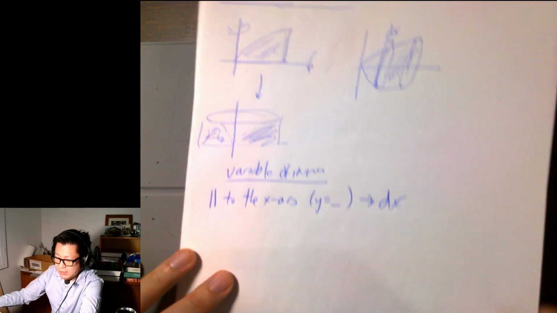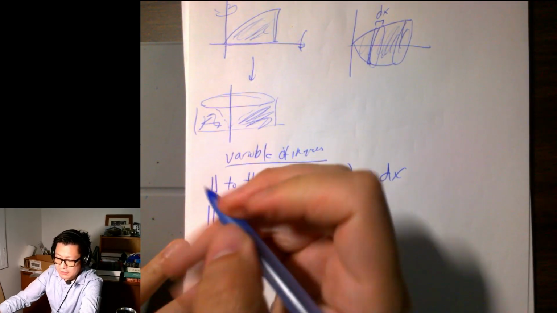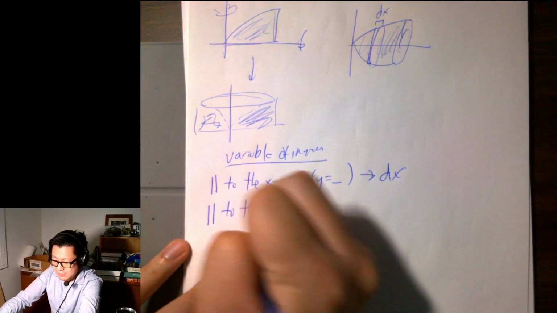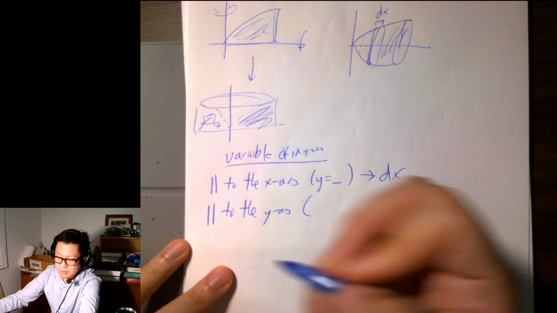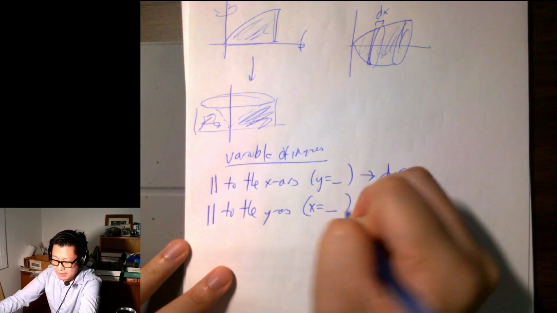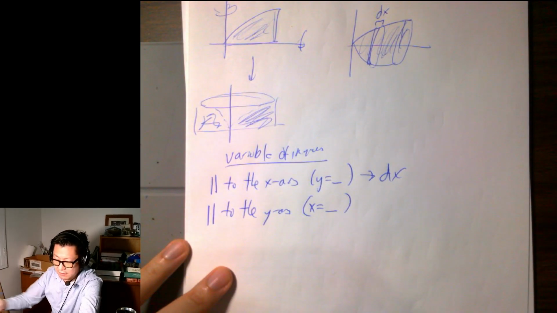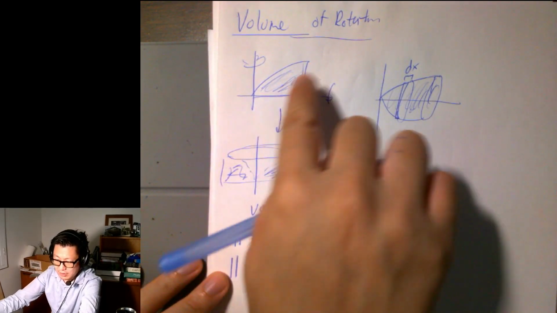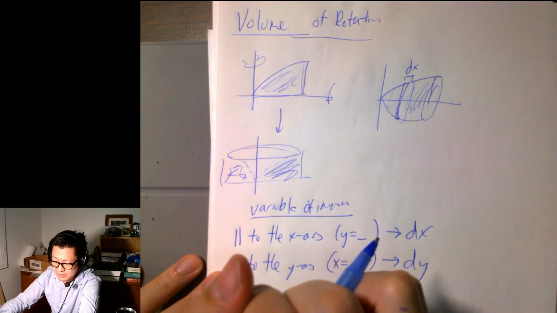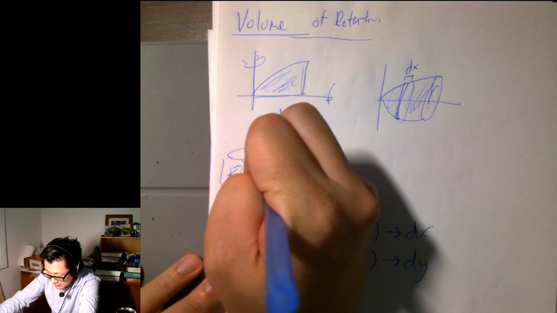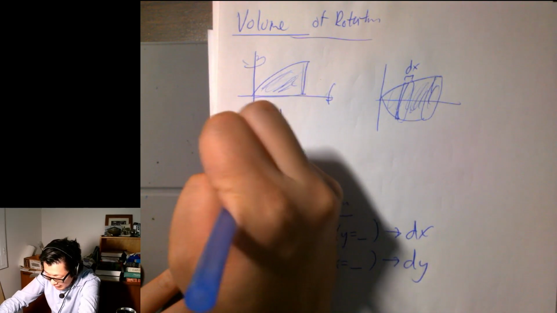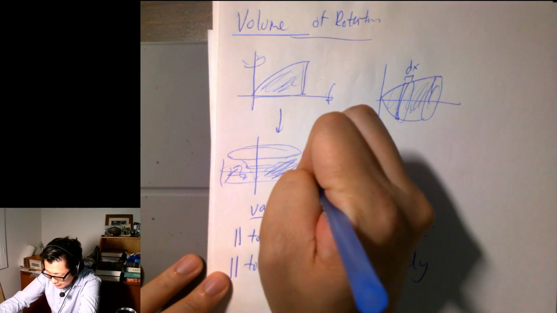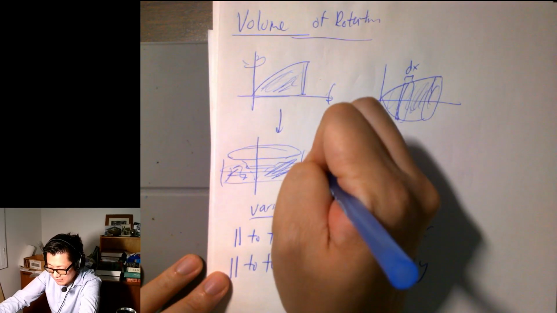Now if instead I have rotation parallel to the y-axis, so a line x equals something, including x equals 0, the y-axis itself, I'm going to be using dy. So for this shape, when I revolve this around the y-axis, I end up with slices that look sort of like this. The height of that slice is dy.